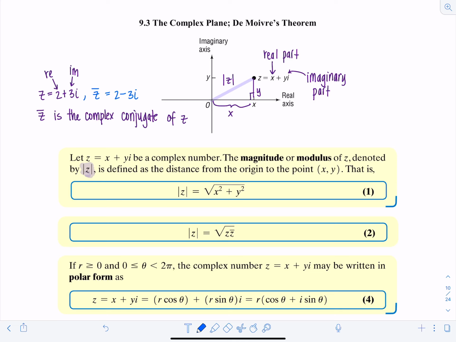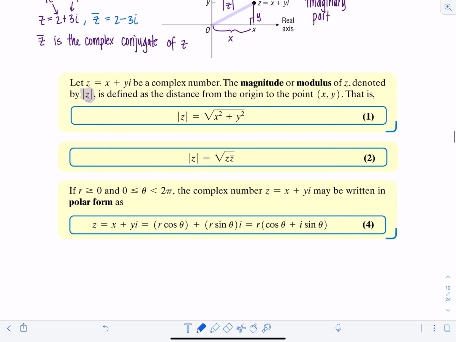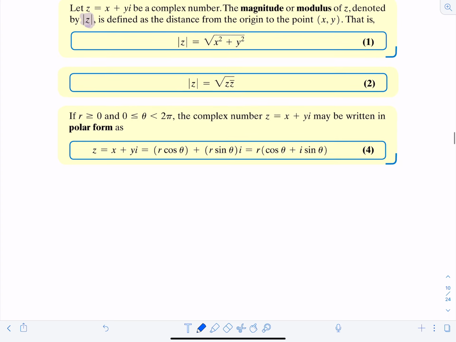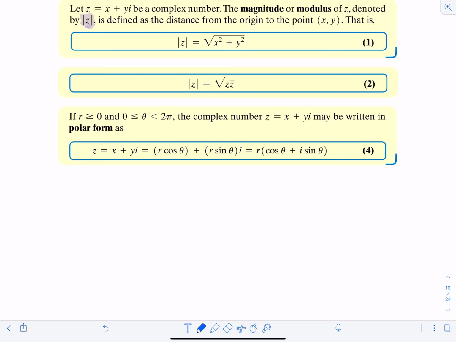And we have our conjugate pairs theorem that we studied before when we were finding complex solutions, which told us that complex solutions always come in conjugate pairs. You always have two at a time. So another way to compute the modulus of z is by taking the square root of the product of z and z bar. Okay, and then lastly, we can express these complex numbers in polar form as well.